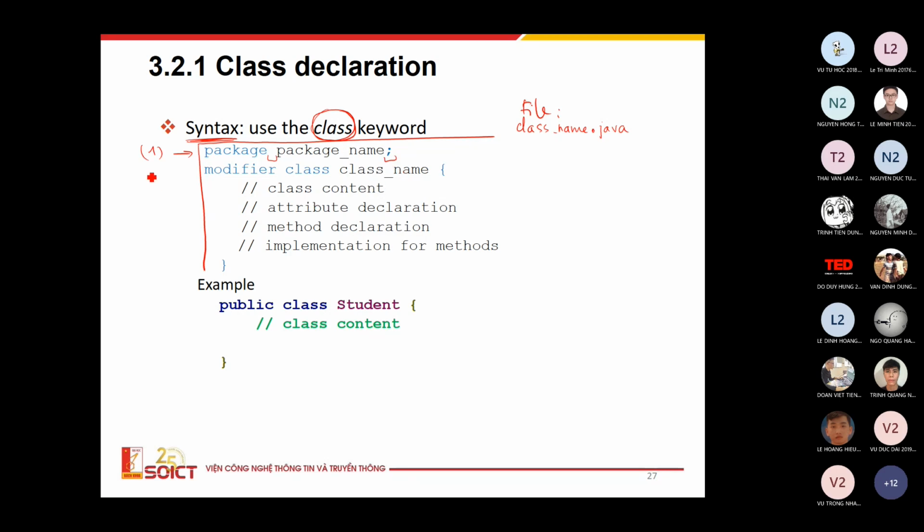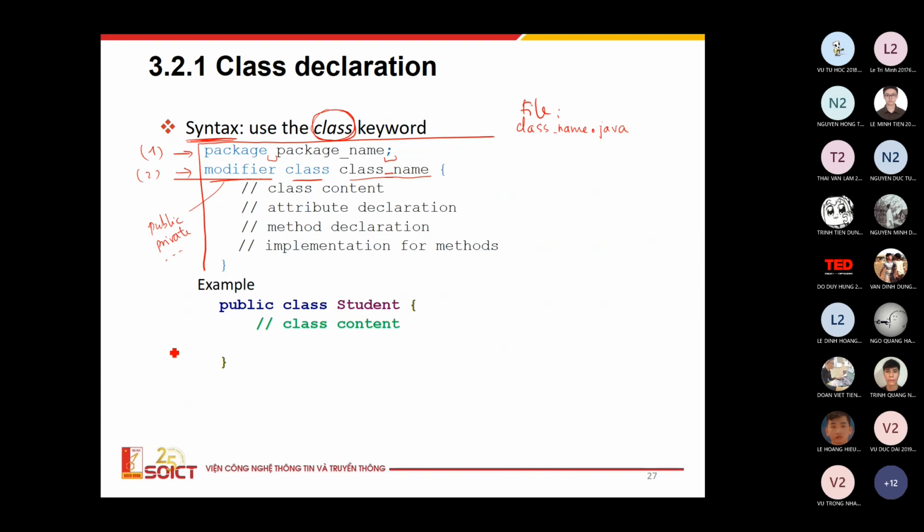Okay. For example, in the second line, you will declare this class. You use the keyword class. And before it, you declare the modifier, which can be public or private, for example. By this time you already know these 2 modifiers. And then you declare the class name. Okay.